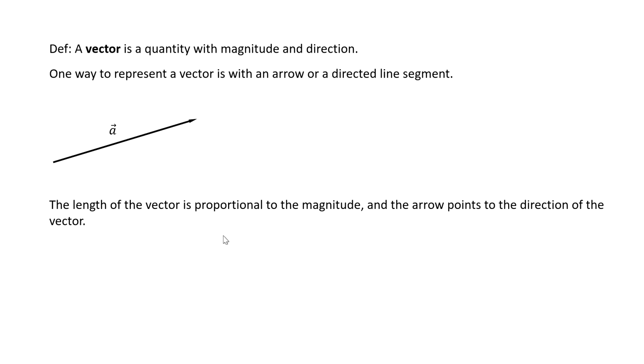I've got a question to ask you. Is vector A equal to vector B? Let's say the length is exactly the same, and they are both pointing in the same direction. In that case, would you say that these two vectors are exactly the same?